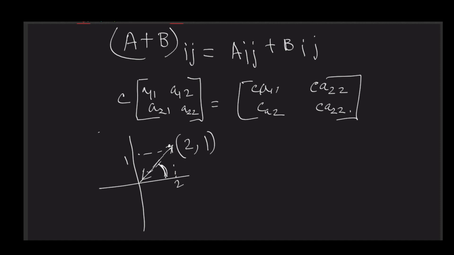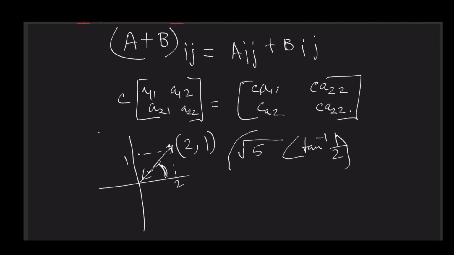So either you say 2 comma 1 or you say it like root 5 and angle tan inverse half. As all of you are from electrical engineering, this also gives you an impression of a phasor diagram.